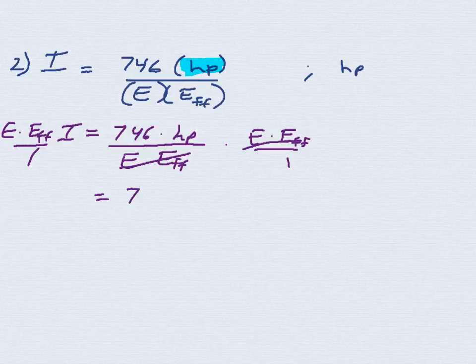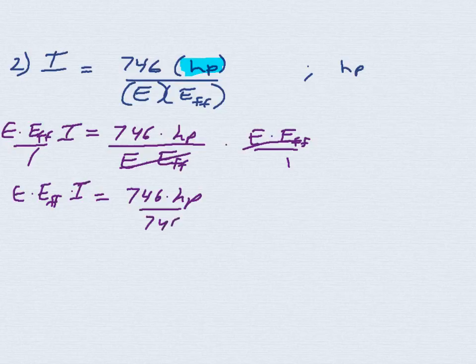We have 746 times the horsepower equals the voltage times the efficiency times the current. We want to solve for horsepower. We're going to divide by the 746 to both sides.